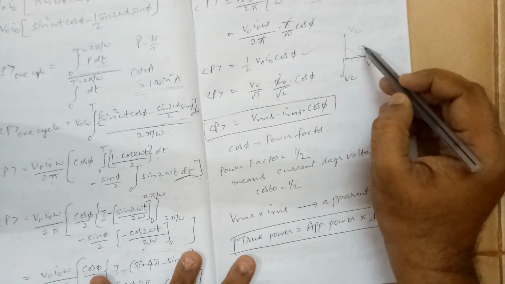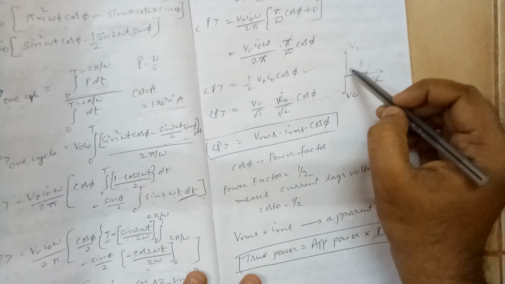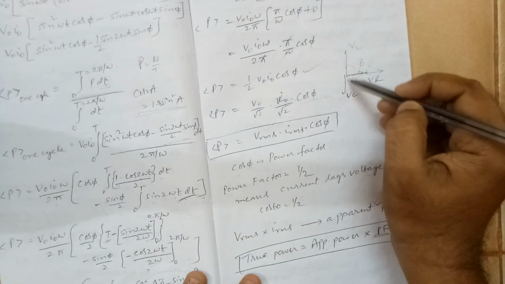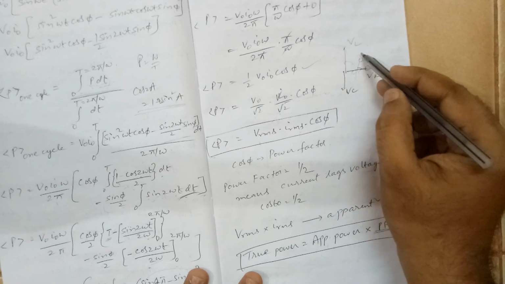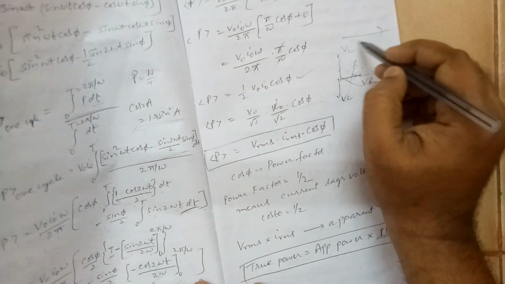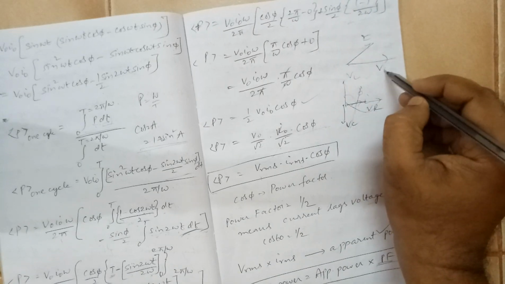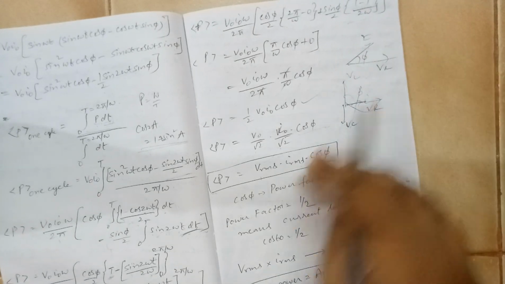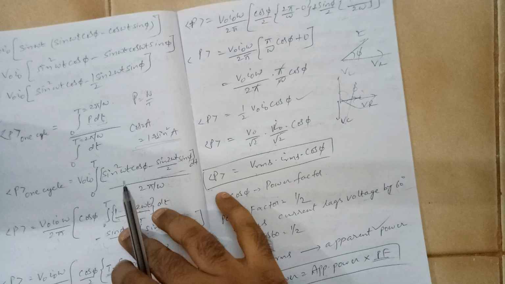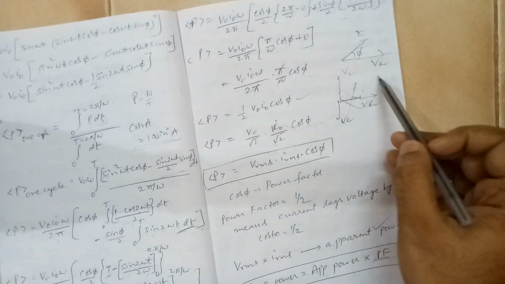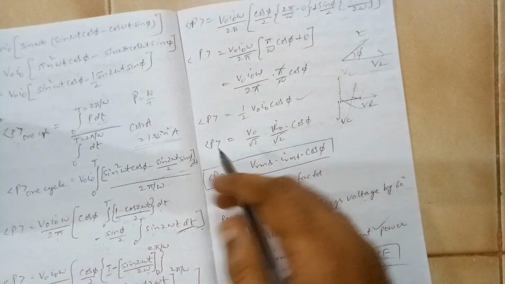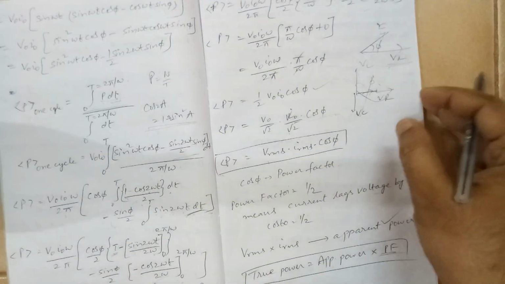So this phi is giving you that. If you are taking the Z values, Z is like this, VR is like this, so Z is ahead of VR by phi. So if I am saying VR, it is current also, because both are in the same direction.